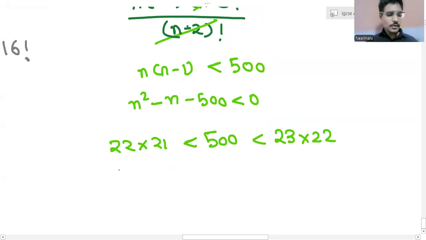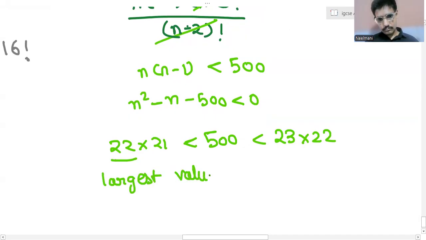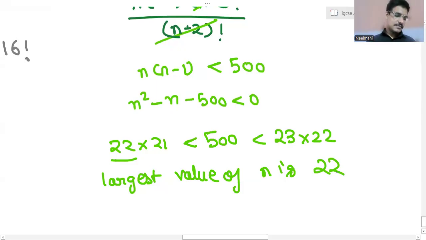So we are talking about the largest value of n, correct? This is the largest value of n. So the largest value of n is 22. That is the answer for this one.